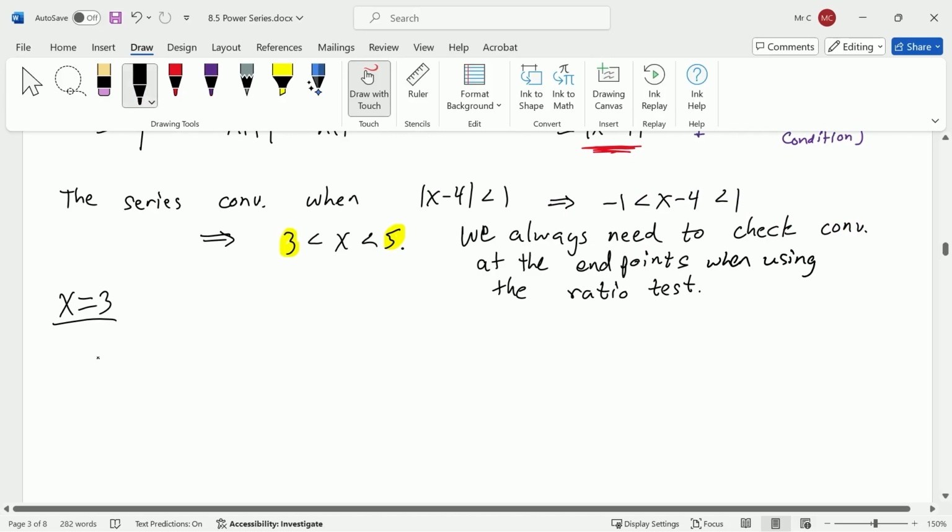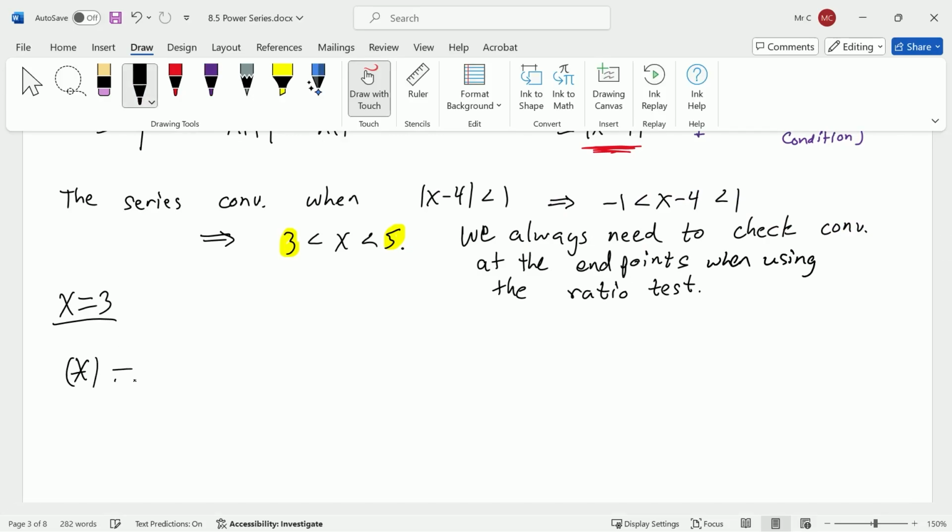So star becomes the series of (3 minus 4) to the n over n, which is the sum from n equals 1 to infinity of (negative 1) to the n over n.